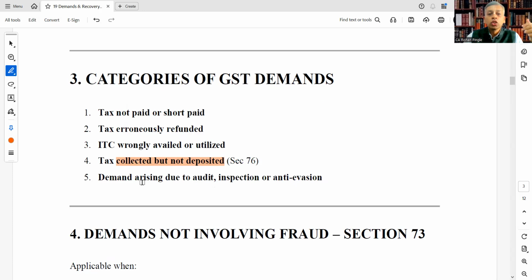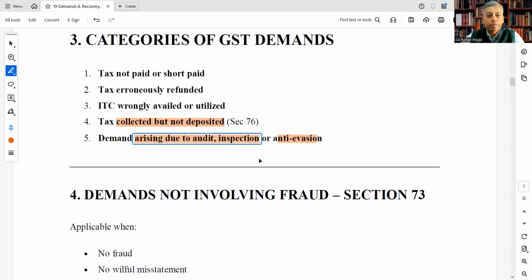Then demand arising due to audit, inspection or anti-evasion. So these are the categories where a GST demand can be raised.